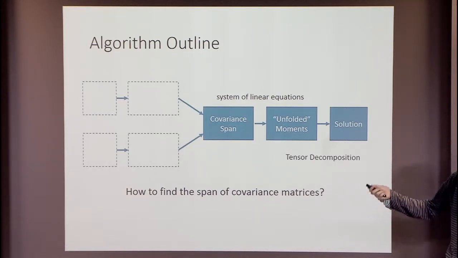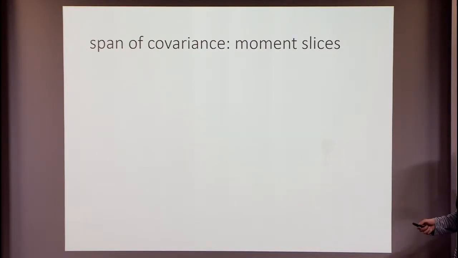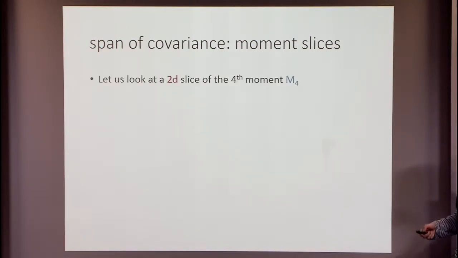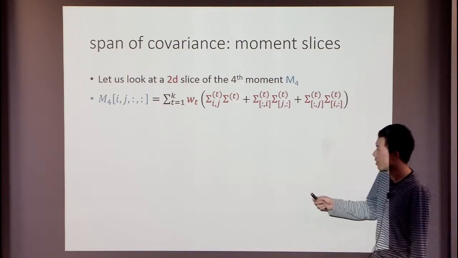Yeah, so how do we find the span of the covariance matrices? The idea we have is maybe we can look at the slices of these moments. So let's look at a two-dimensional slice of the fourth moment tensor M4. Here I'm using some MATLAB notation.